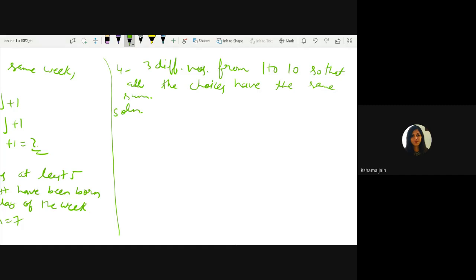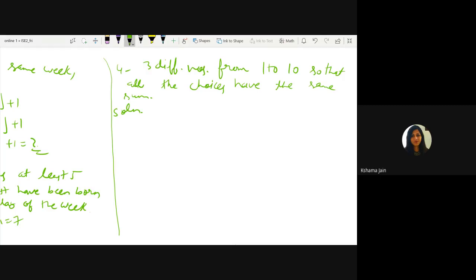So let's start. First we need to identify, see, what does this mean? 3 different numbers from 1 to 10 means we can make a lot of combinations, like 1 2 3, I'm choosing 1 3 5, I'm choosing 1 6 7, I'm choosing 2 4 6, 2 3 8. But different, repetition is not allowed. 4 5 6, right? Many are possible.